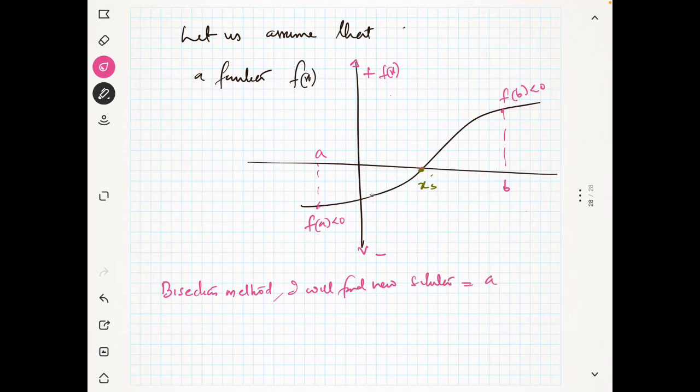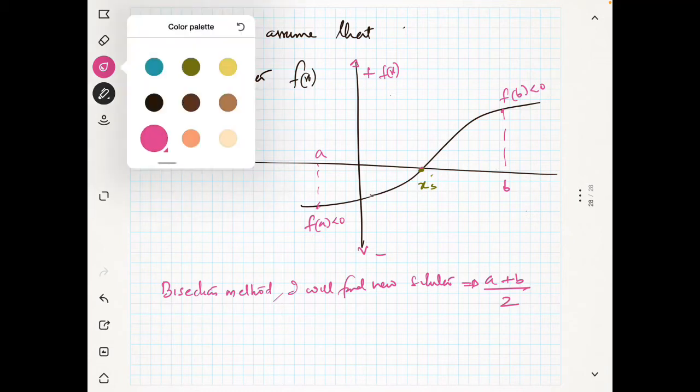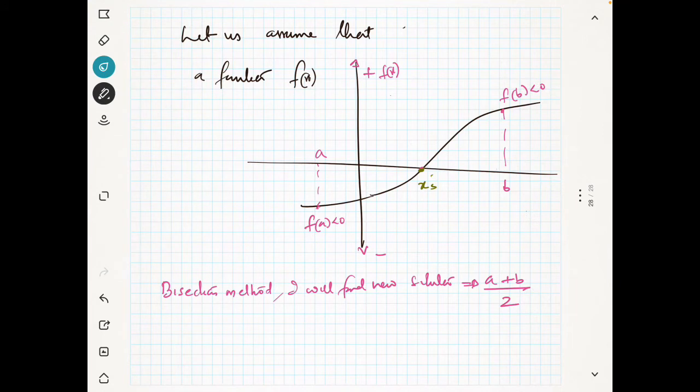That means as A plus B divided by 2. So A plus B by 2 may be somewhere in between. The new solution is somewhere in between. Okay, this is my point, A plus B divided by 2. Let's say, okay, A plus B by 2. Now this is my point.